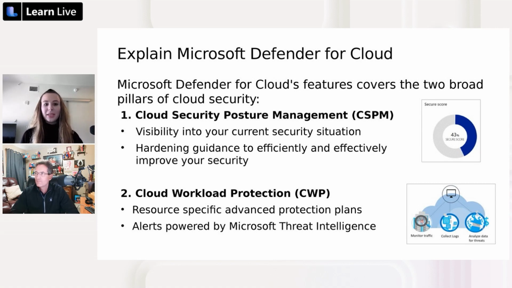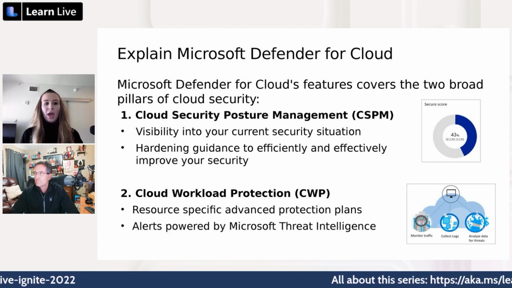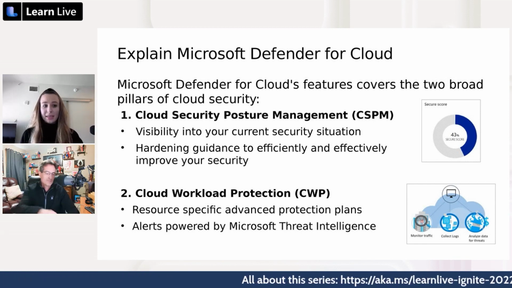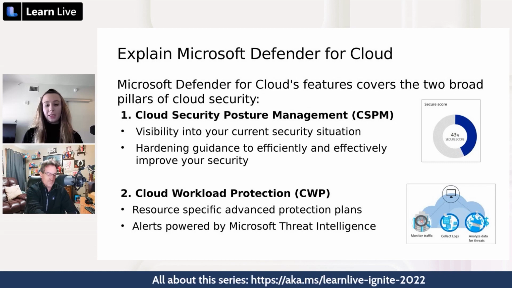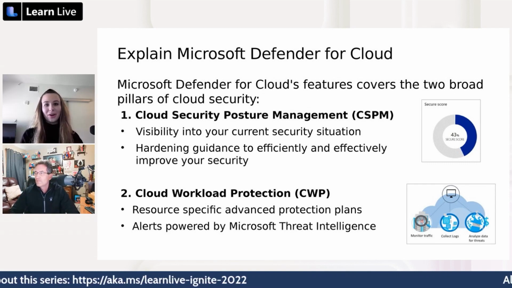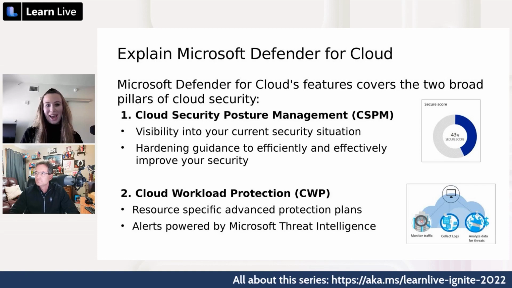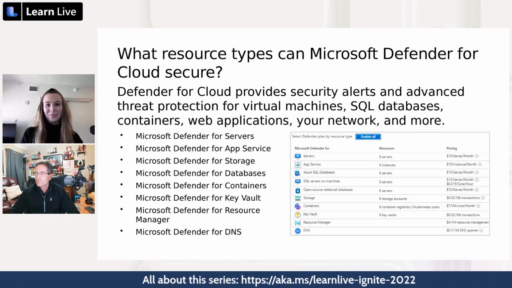It's collecting billions of signals daily to get a holistic view of the security ecosystem, so Microsoft can truly understand any known threats that exist and how those would be impacting your environment at any given time. And I'll give some examples later on about threat intelligence and some of the other anomaly and behavioral analytics we have within Defender for Cloud.